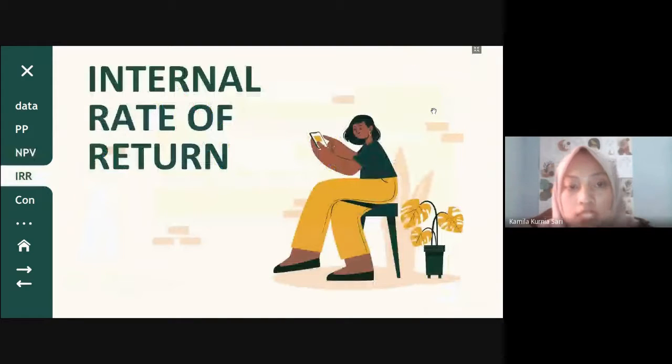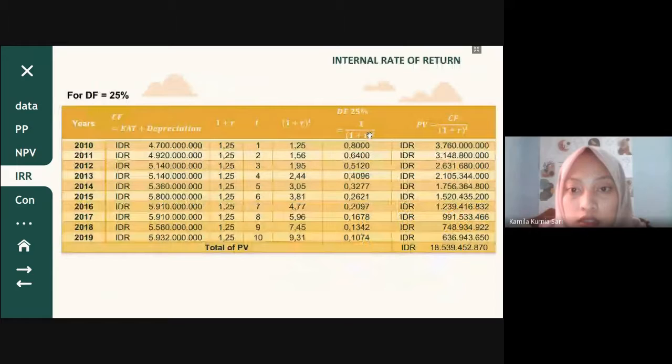Next, we are going to analyze using the internal rate of return, or IRR, method. This is the analysis table for the IRR method. We are going to compare two required profits. First, we choose 25% because it is given in the problem.